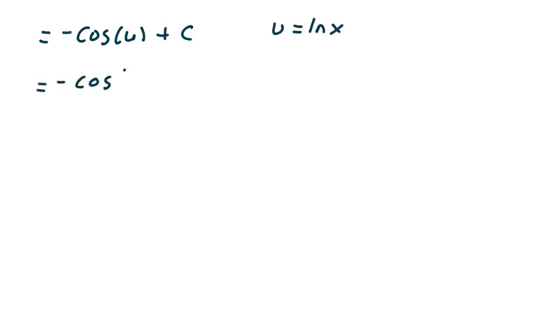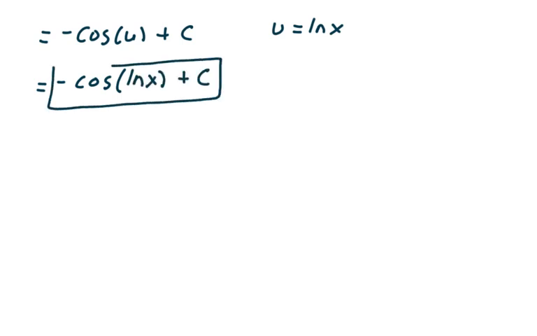Now, this is equal to negative cosine of u plus c. But u is natural log of x. So this can be written as negative cosine of natural log of x plus c. And that's how we do 9.